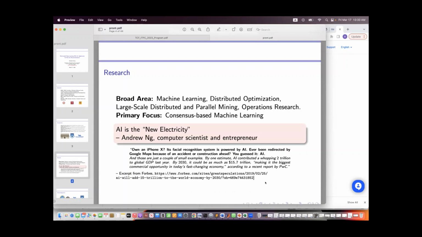The primary focus of my research is a very narrow area of AI, which goes by the name of consensus-based machine learning. That has to do with how you develop algorithms for IoT devices and the Internet of Things.